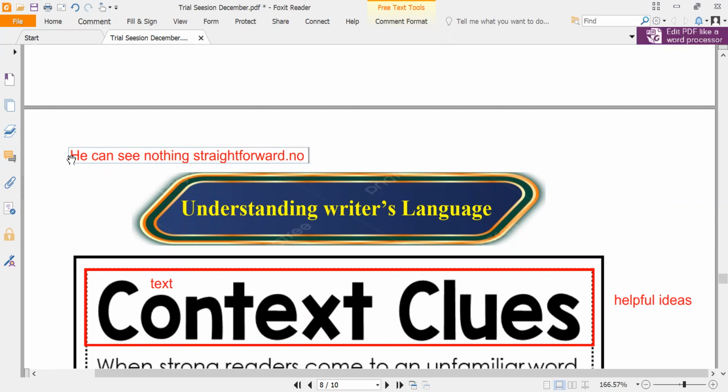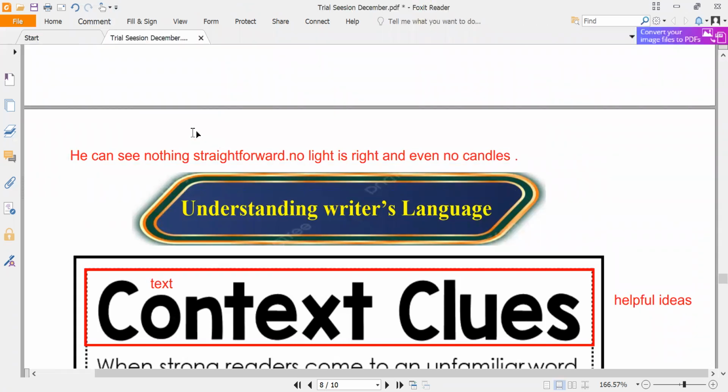No light, and even no candles. What can I understand of this sentence? If I want to describe the place, I would describe it as dark. Exactly, so the place is very dark.